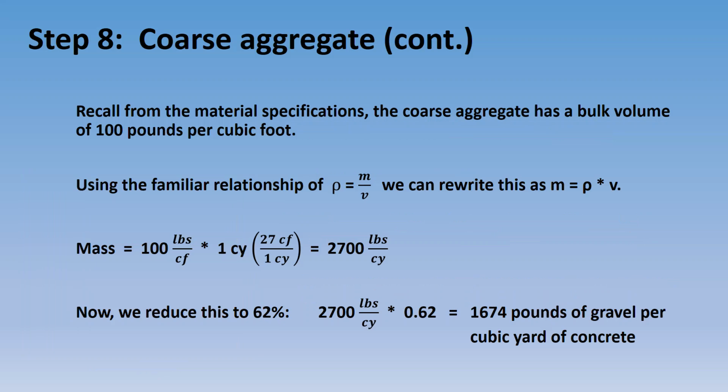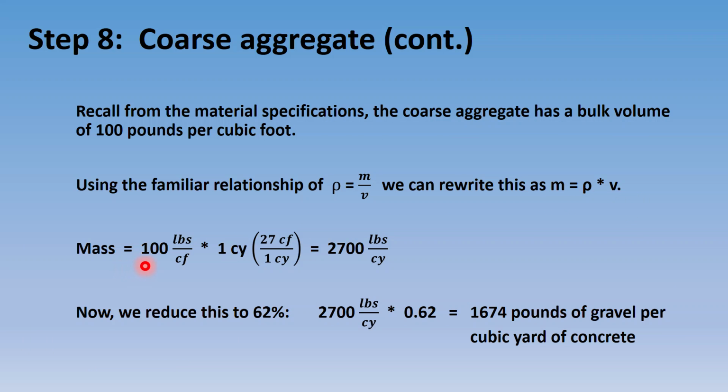So we're going to continue this step and use that familiar relationship, density equals mass over volume, right? If we know the volume has to be 0.62, we can solve for the mass. So we simply rewrite that as mass equals density times volume.